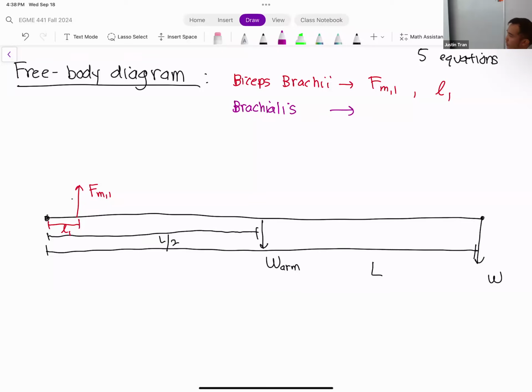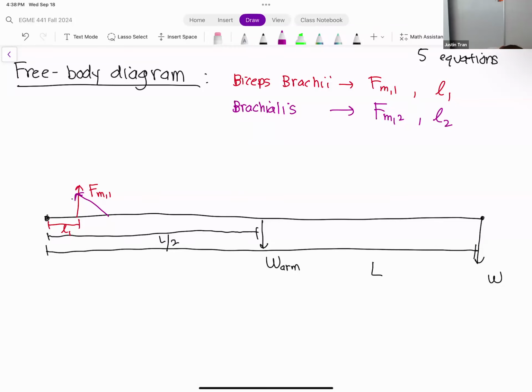All right, so the next muscle that we have is the brachialis muscle, and so we'll call that FM2. And we also know it has a moment arm L2. Unfortunately, things do get a bit messy because we have 3 muscles attaching very close to each other. But we're going to assume that the brachialis attaches a little bit further away from the joint than FM1.